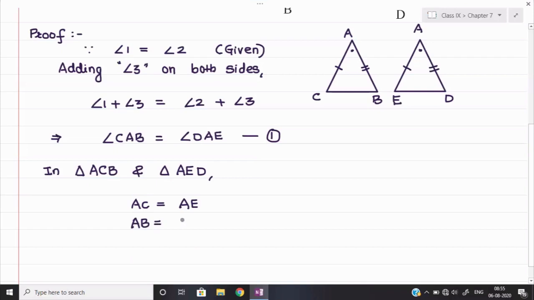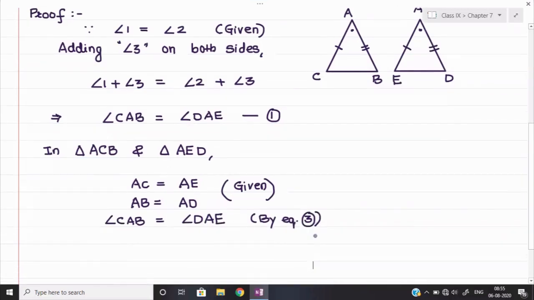AB is equal to AD. For both we can write down the combined reason that is given. It is because of the given things. Okay, then third one you write down here, angle CAB is equal to angle DAE. This you can say by equation number 1.